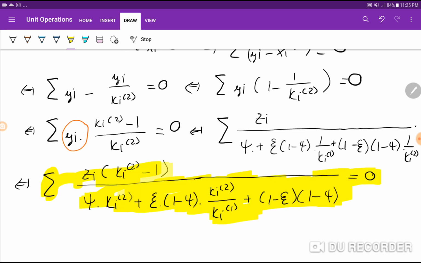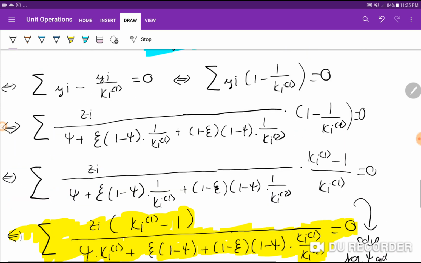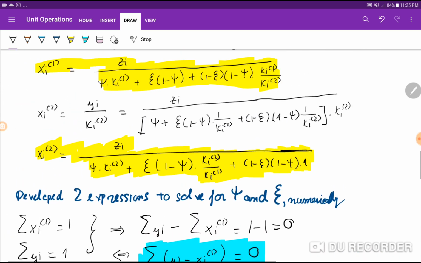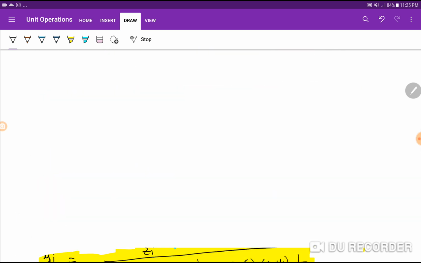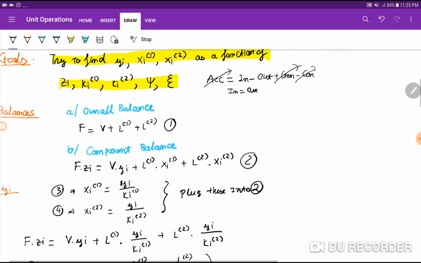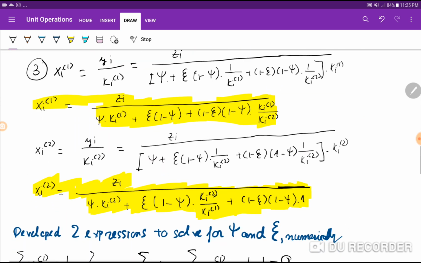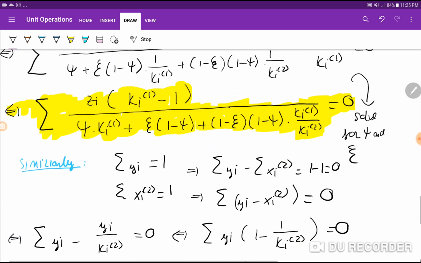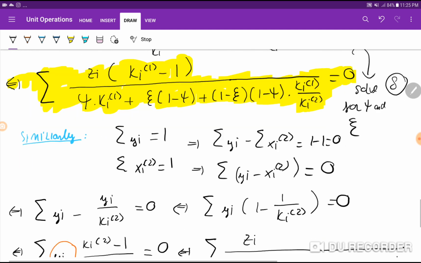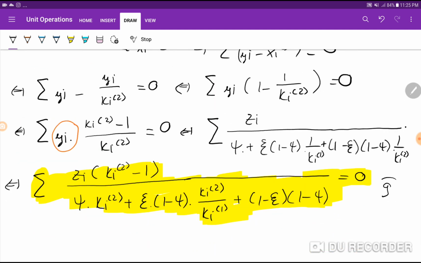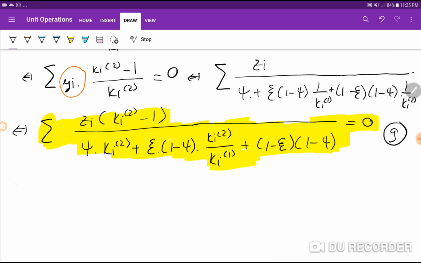In order to use this, let me label it as equation. Let me see how many equations we did. Okay, 8 and 9, not bad. I'm gonna label this as equation 8 and equation 9. I'm gonna make a comment here.